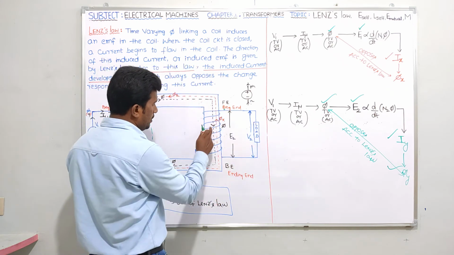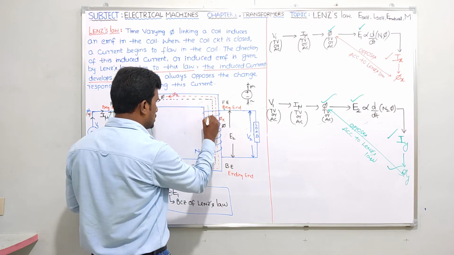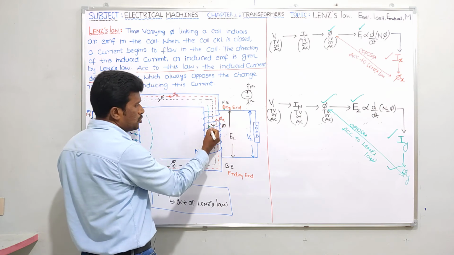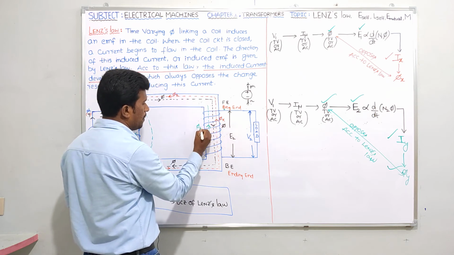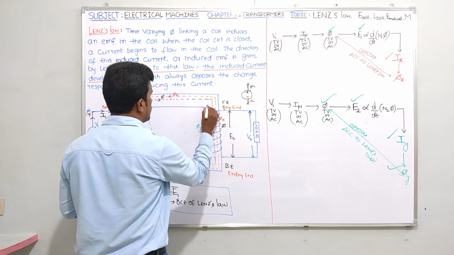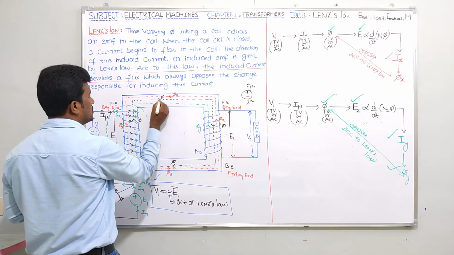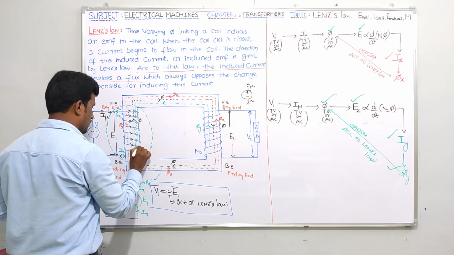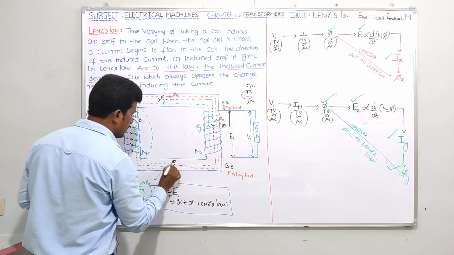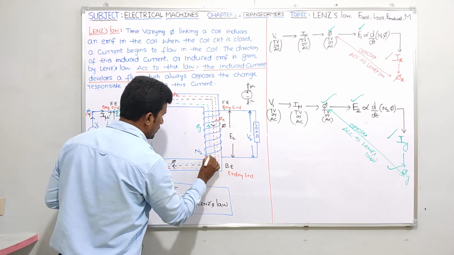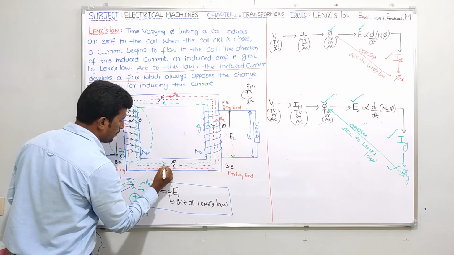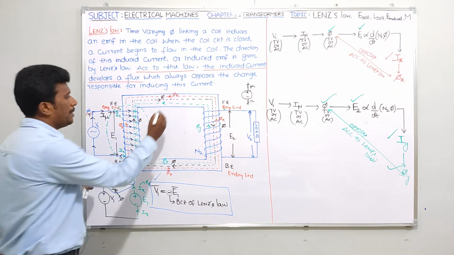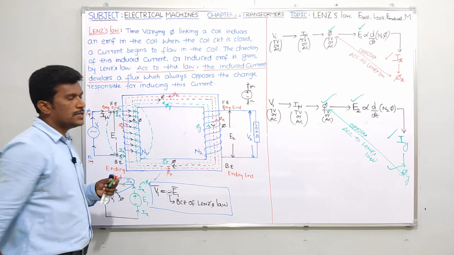The core flux is downwards here, so pi y should be upwards, right? Simple. Pi y is upwards, opposing your pi. Is it clear guys?